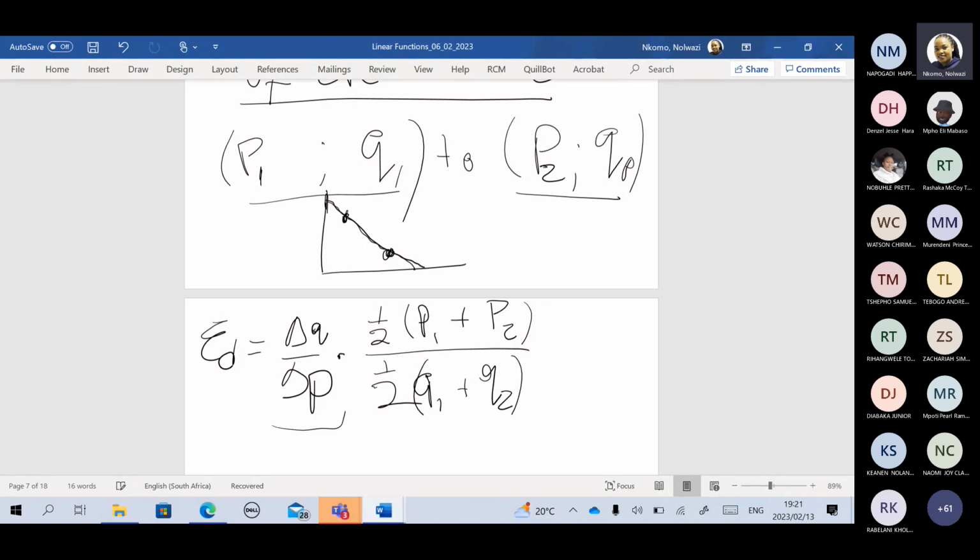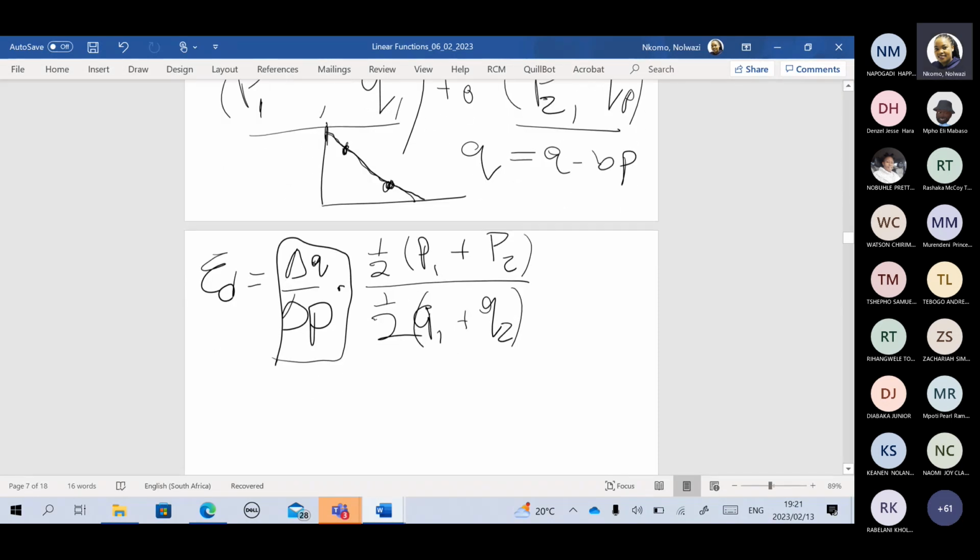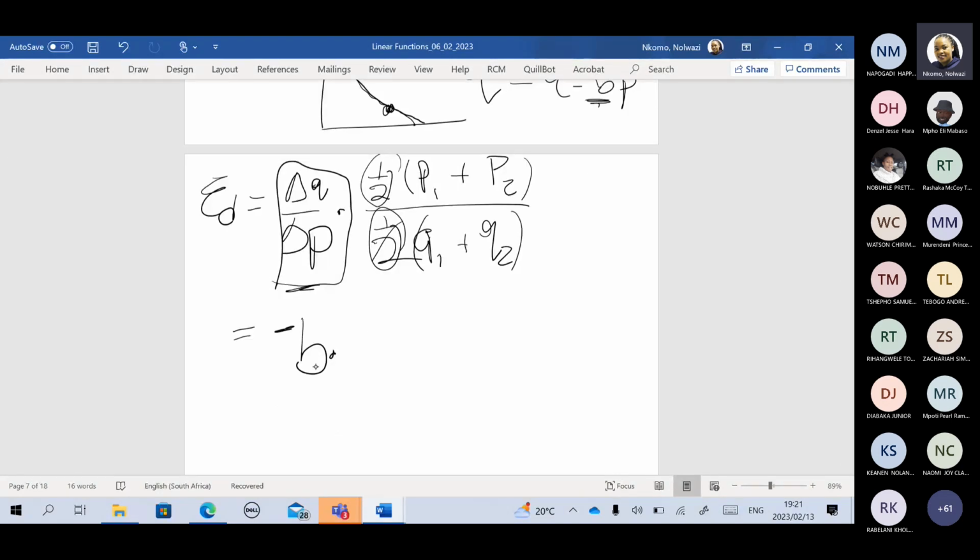And remember, this change in quantity over change in price is just the slope of the general equation of the demand function, which is minus B in this case. So instead of using this, you can just write minus B, right? And we have half over half, so these two can cancel out, and we'll be left with minus B times P1 plus P2 over Q1 plus Q2.